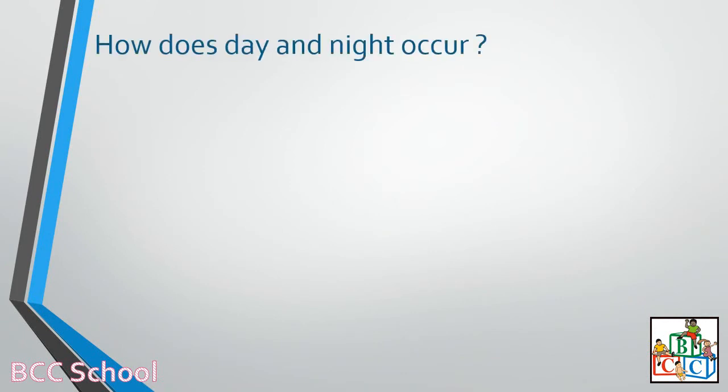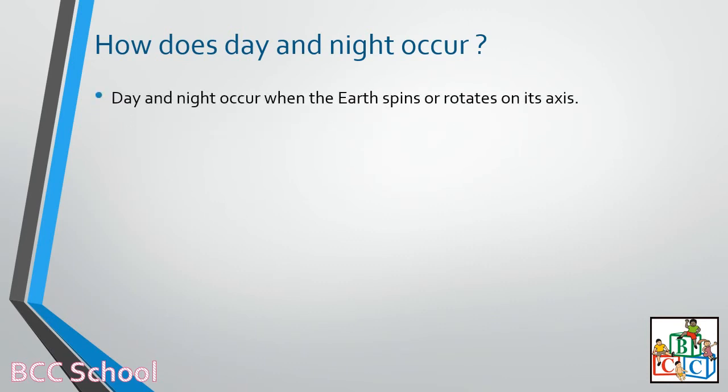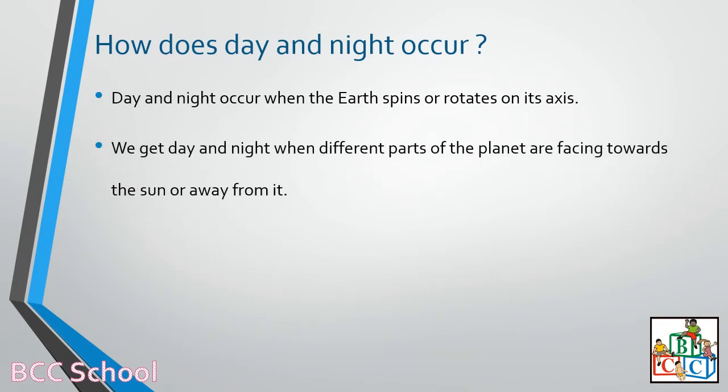Okay, so let's find out how day and night occur. Day and night occur when the Earth spins or rotates on its axis. We get day and night when different parts of the planet are facing towards the sun or away from it.